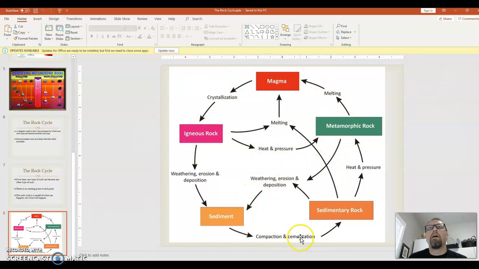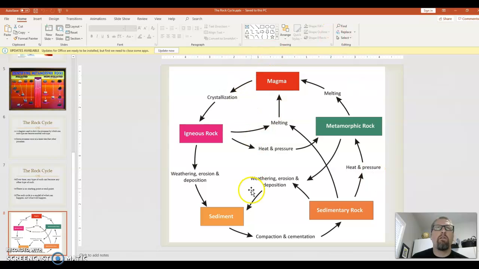It's a pretty busy diagram, but all that is to show that a sedimentary rock can weather, erode, become deposited as sediment, and then compact back into another sedimentary rock. Or a sedimentary rock can melt, become magma, crystallize, and form an igneous rock. Or a sedimentary rock can be buried and exposed to more heat and pressure and become a metamorphic rock, right? So any type of rock can become any other type of rock, and for that reason, there are lots of arrows here.